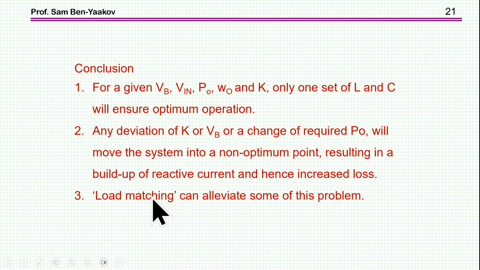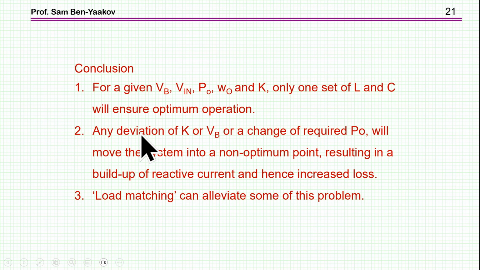So what are the conclusions of this presentation? Now, for a given set of parameters like the battery voltage, input voltage, etc., there is actually only one value of L and C that will ensure optimum operation. Okay, there's only one.